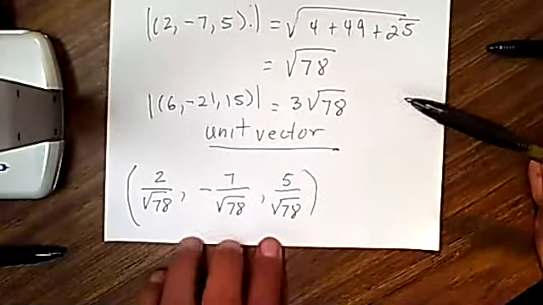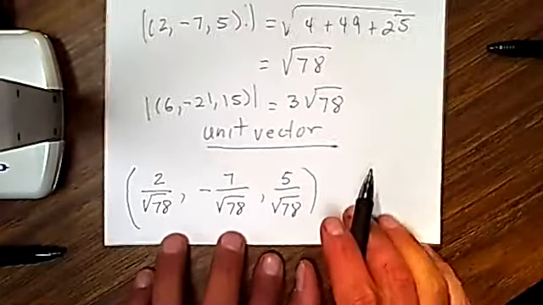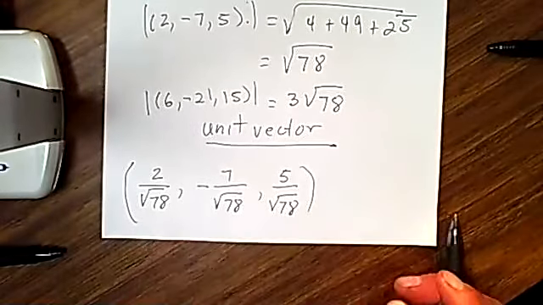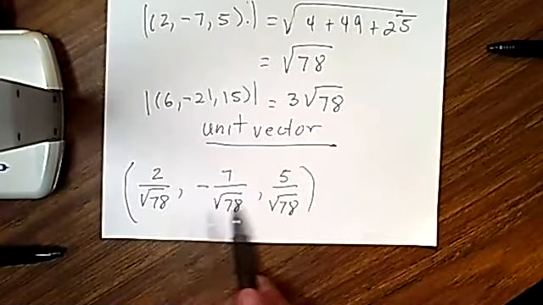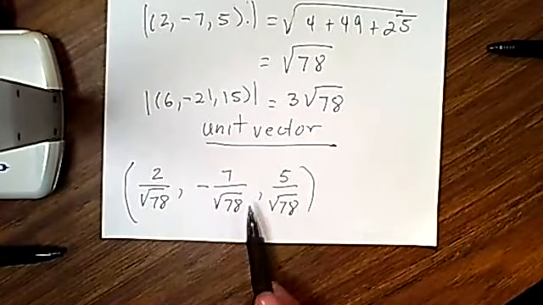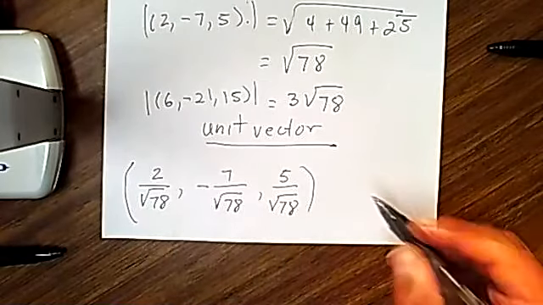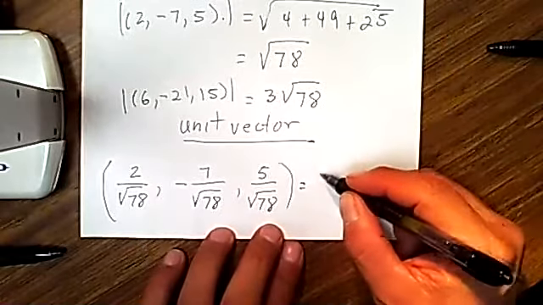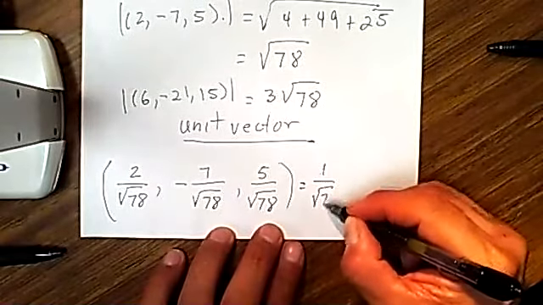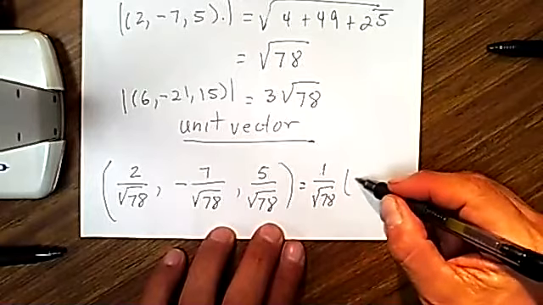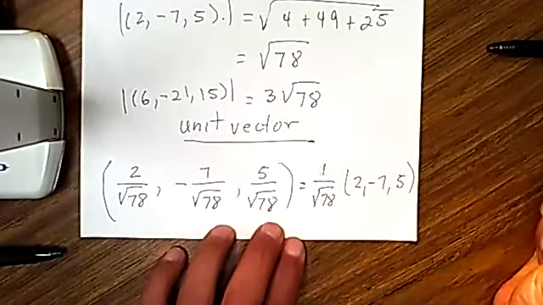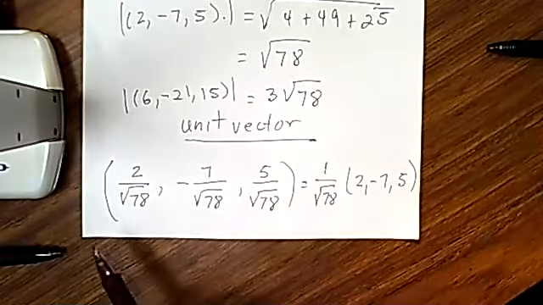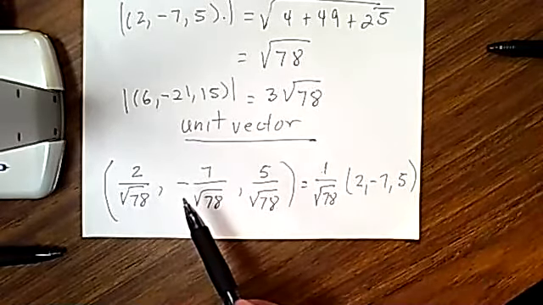As you can tell, here's where factoring out or the scalar multiplication is handy, because this is quite repetitive. If you have big things happening repeatedly over the vectors, it's simply easier to just do 1 over the square root of 78 once, and then just put 2 comma -7 comma 5. And that is simpler than writing the square root of 78 3 times.